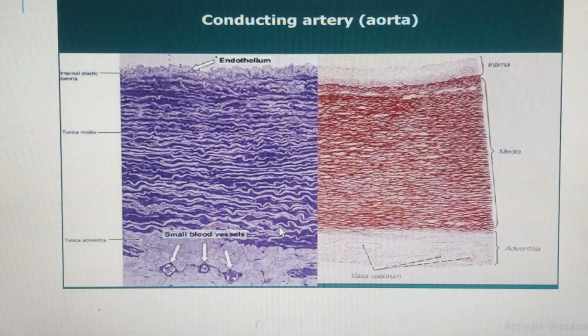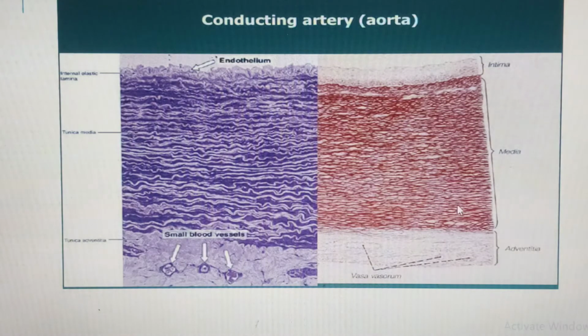So one thing that is striking about the conducting arteries, or elastic arteries, is that the main feature is the thick tunica media, having a lot of elastic fibers, fenestrated elastic fibers.